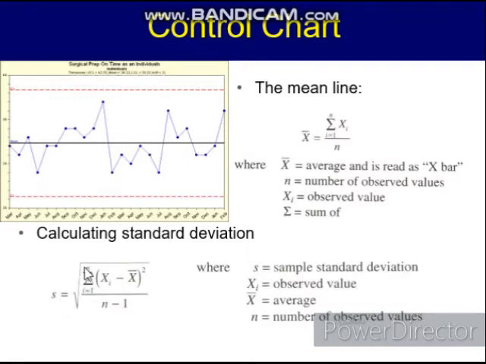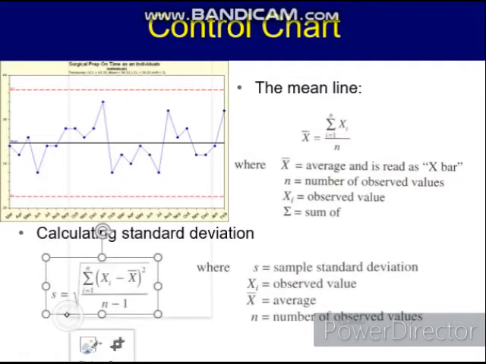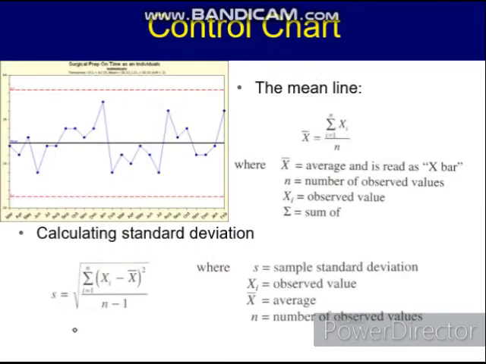S or sigma can represent a standard deviation. Either S or sigma, both of them represent standard deviation.